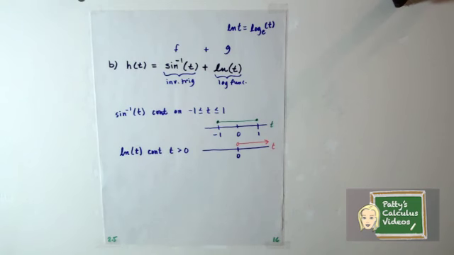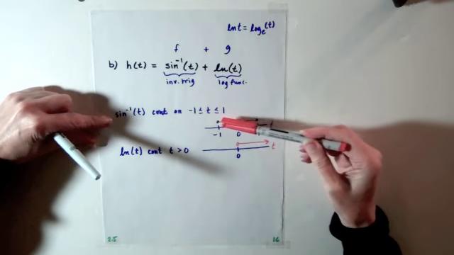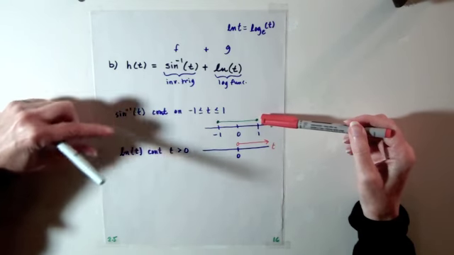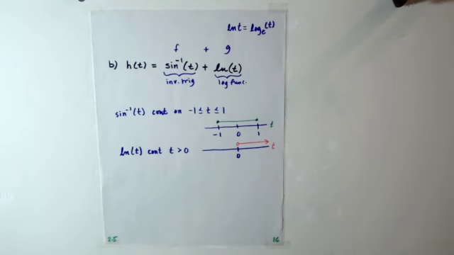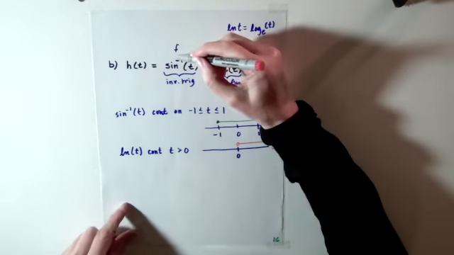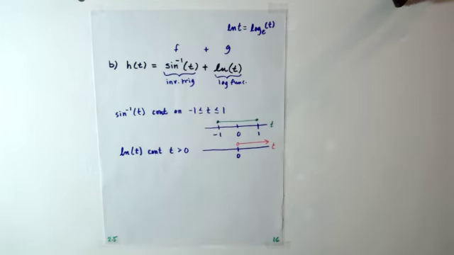Well, that's great. We know that the inverse sine of t is continuous on this green interval, this closed green interval, and ln of t is continuous on this open interval. What we are really interested in, though, is where the sum function inverse sine of t plus ln of t is continuous.